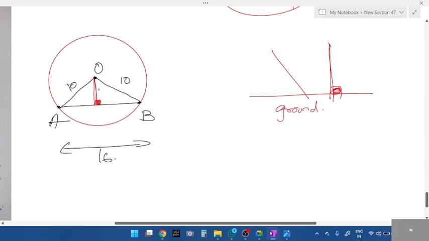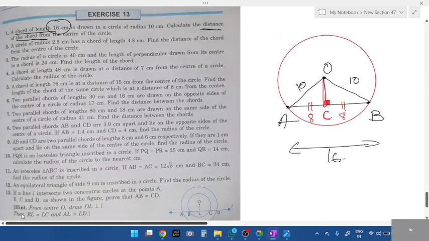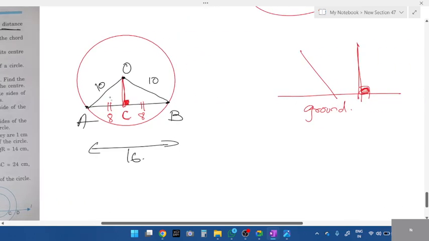So what is the theorem? If a 90-degree line is drawn, it will split AB into how many parts? Equal halves. If entire AB is 16 centimeter, how much is AC? Find the distance OC. How will you find OC, students? Using Pythagoras theorem.